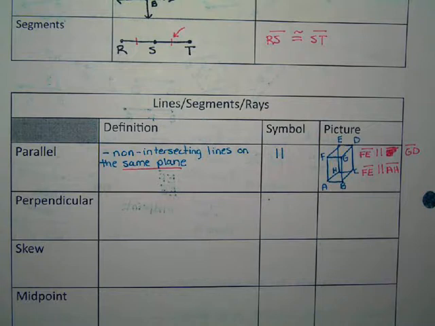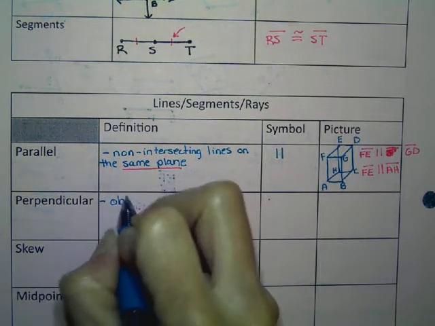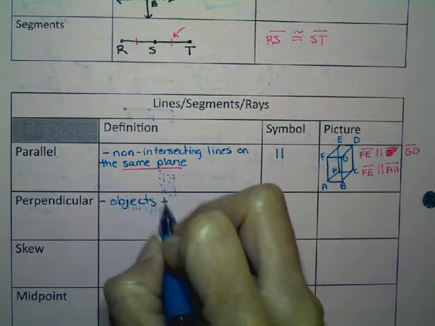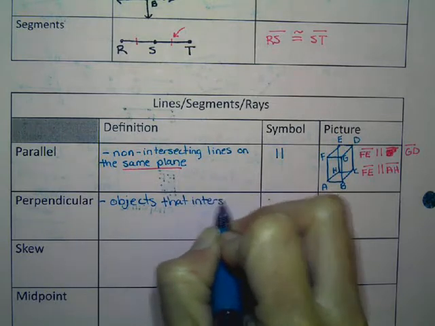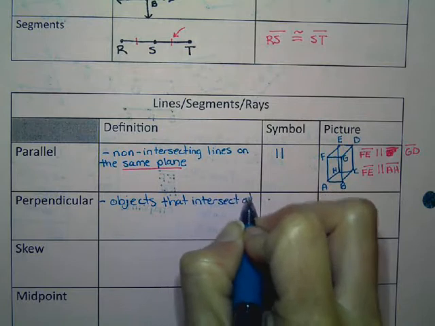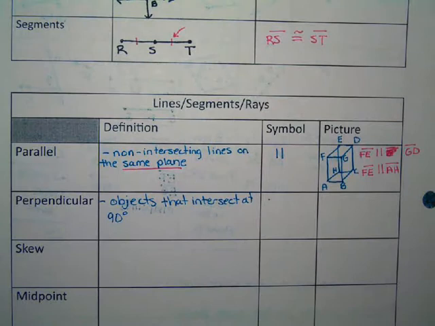Alright, let's see. Perpendicular are objects that intersect at 90 degrees. The reason I said objects, it could be rays, points, lines, anything that could intersect.